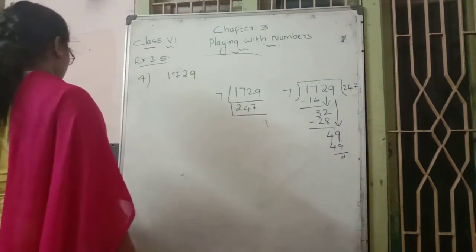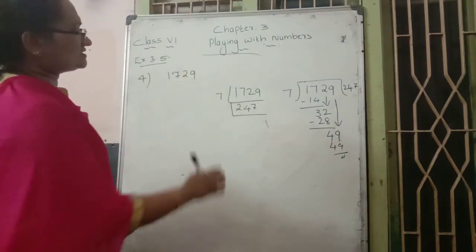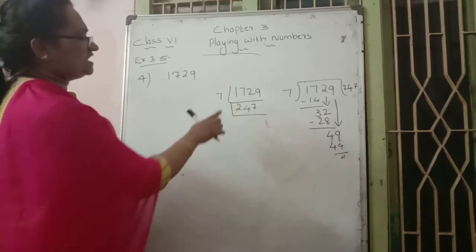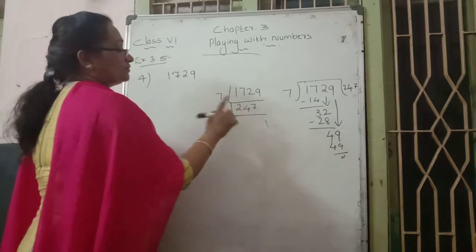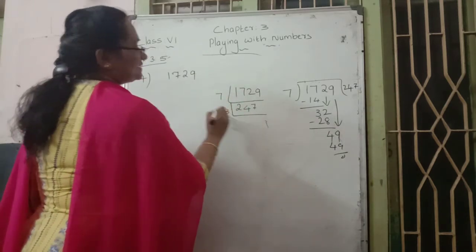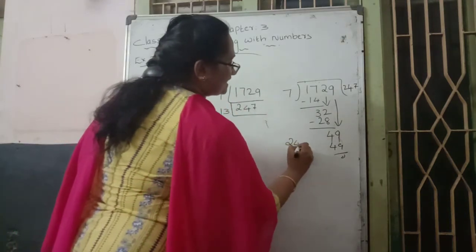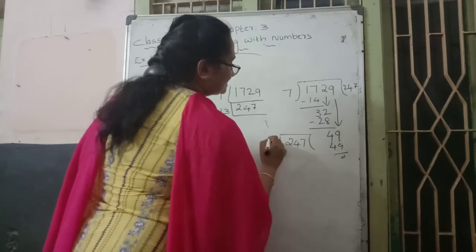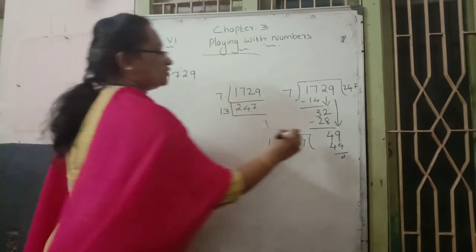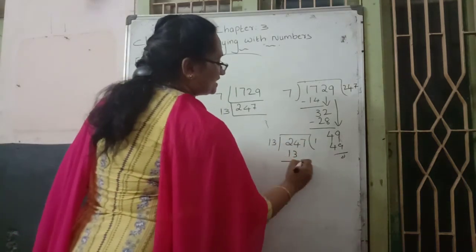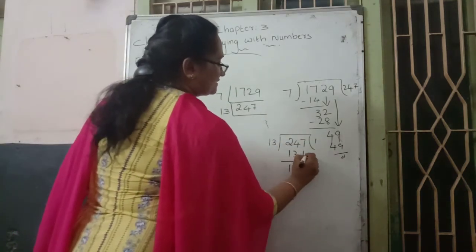247 is again divided with which prime number? Only 7 is possible to divide. So is it possible to divide with 7? Not possible. Next prime number, 11, not possible. Then next prime number 13. So 247 divided by 13. 13 2s are how much? 26. So one time 13 only. Here the next number 7.